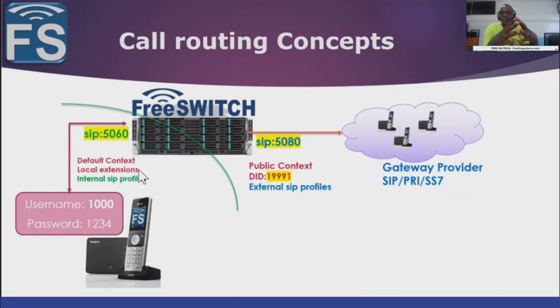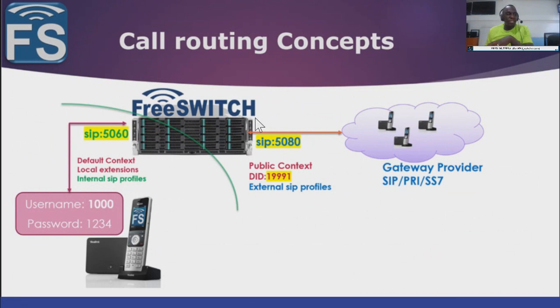If you want to connect FreeSWITCH to the outside world, maybe if you want extensions to register from the external network or the public context, you're going to use port 5080. So it is very important to understand that FreeSWITCH has 2 ports. 5060 is for your phones inside your network, and 5080 is for the phones outside.